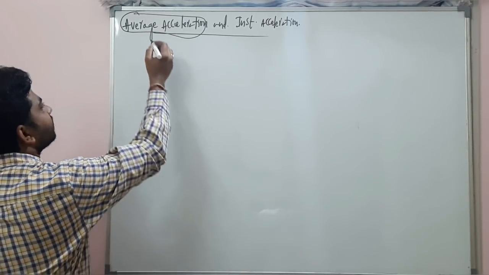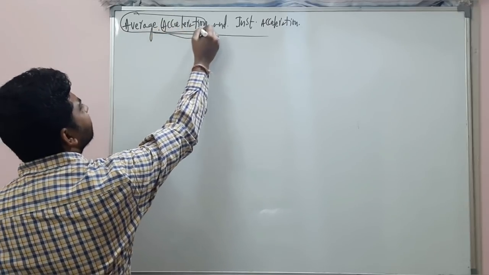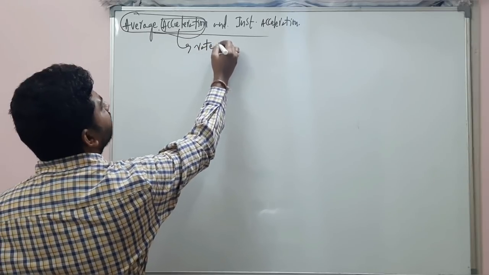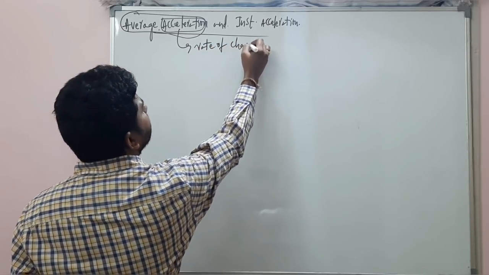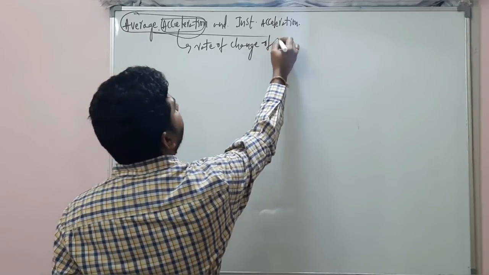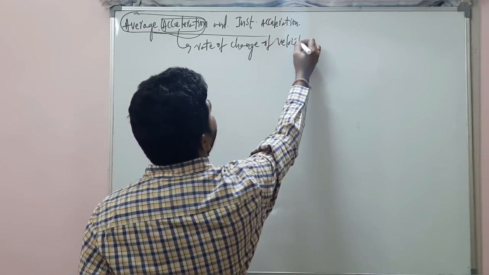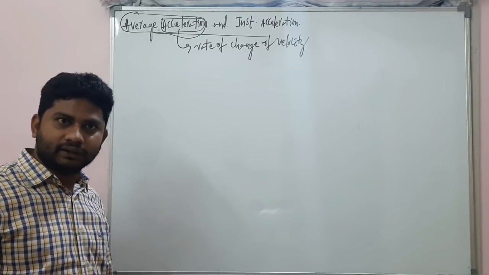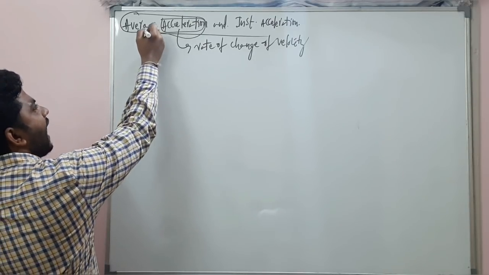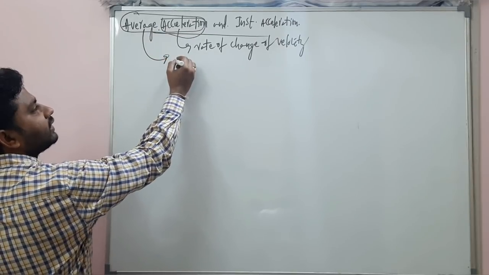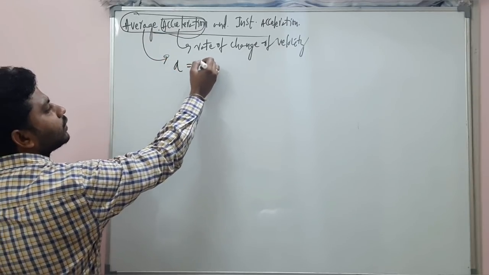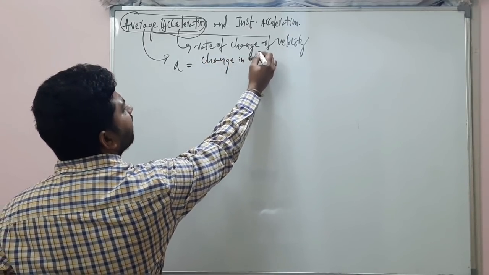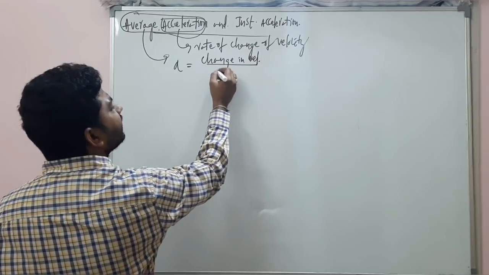What is acceleration or average acceleration? Let's see. Acceleration is the rate of change of velocity. Now the average acceleration, look at here, the acceleration is equal to change in velocity divided by time.